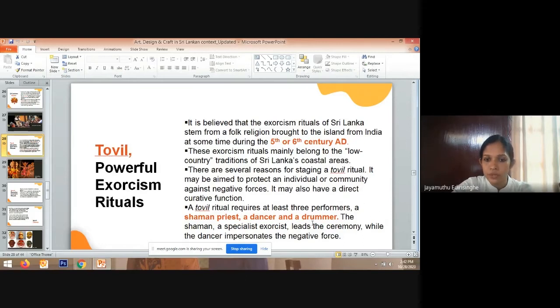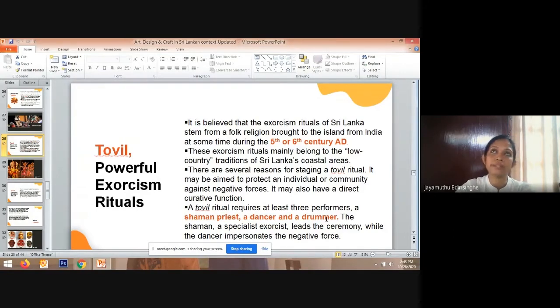A Tovil ritual requires at least 3 performers. Mainly, there is a shaman priest who is the leader of this entire performance. He is the one who introduces the other characters, and he leads the entire dance performance. And then there are exorcists, a dancer, and the drummer is also there.